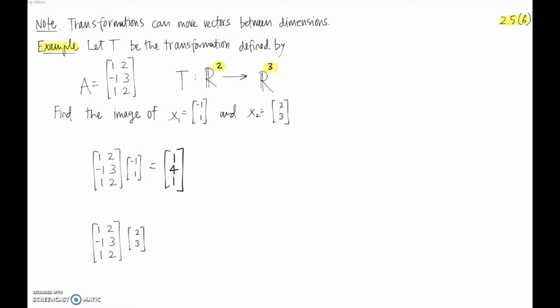So this is the image of, this vector went through this transformation and came out like this. Okay, the next one should expect the same size, and we get, let's see, 2 plus 6 is 8, and -2 plus 9 is 7, and 2 plus 6 again is 8.